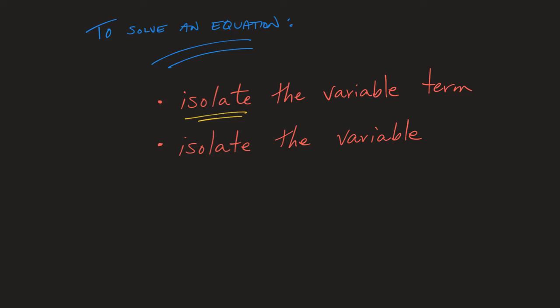Once we have the variable term all by itself, now is when we isolate for the variable. Now is when we get our variable all by itself. That 2-step process will allow you to solve every single equation you ever come across for the rest of your mathematical life, where you can put your variables into one term. So let's get some practice with it.